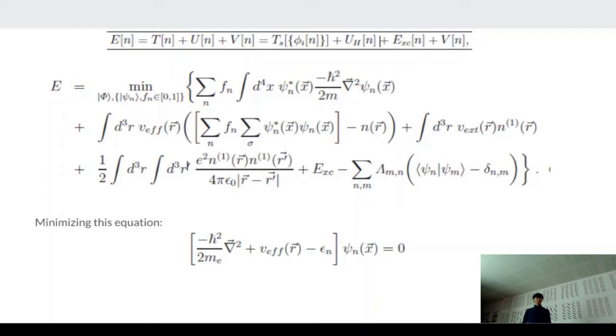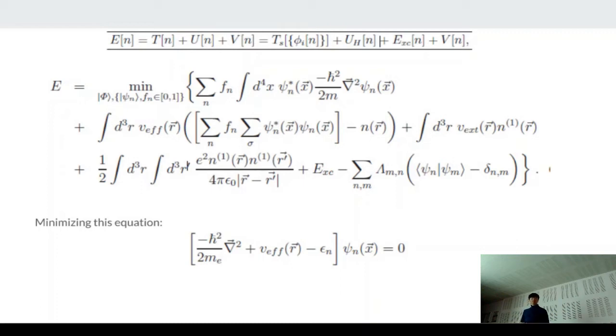You have seen what Jafar has given, LDA, GGA, and these things, if you recall the ladder that he showed you. But before that, minimizing this whole thing, I believe it requires a lot of work, but in the end you get something called the Kohn-Sham equation, where it's defined on the effective potential energy.